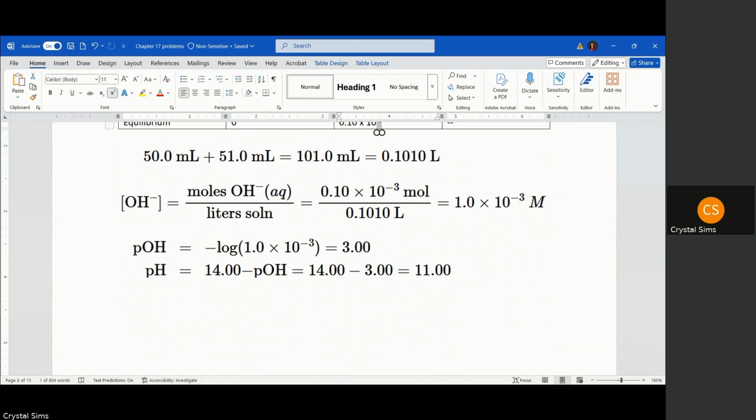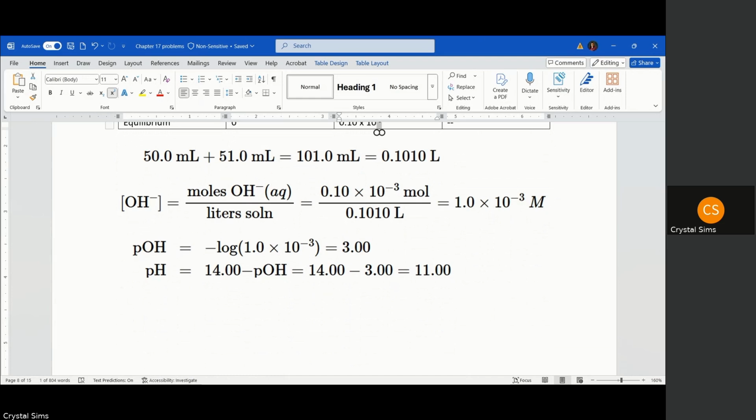So the pH increased from 1 to 3 with the addition of the 49 milliliters of sodium hydroxide. But then just adding 2 more milliliters of the base solution caused us to jump from 3 to 11 at the equivalence point.